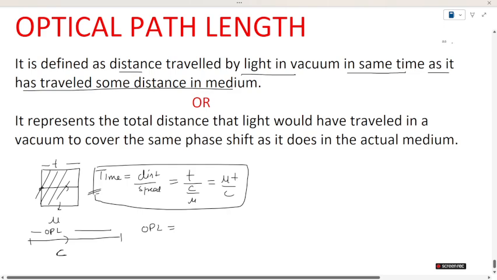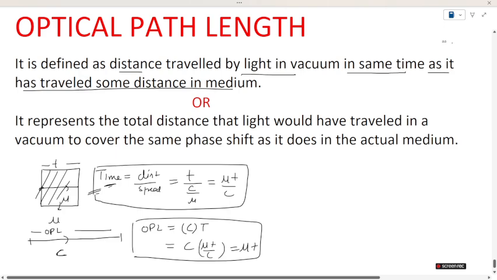So optical path length is speed in vacuum into time, so c into mu t by c. So this is equal to mu t. This is the optical path length, mu into t, where mu is the refractive index of the medium and t is the thickness. So this is the formula.